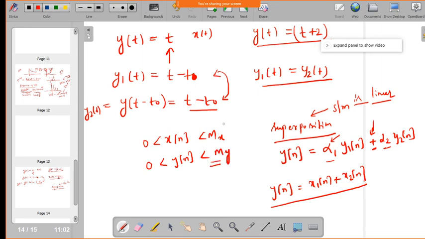Then the system is bounded input, bounded output: the input signal is bounded and the output is also bounded. Then the system is said to be BIBO stable.